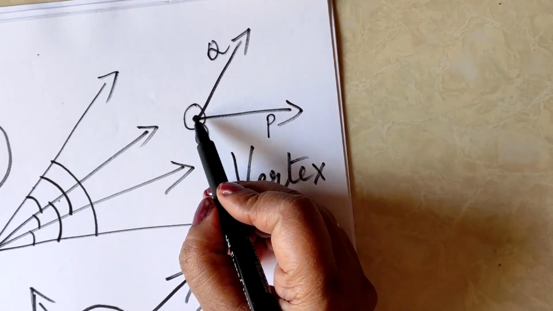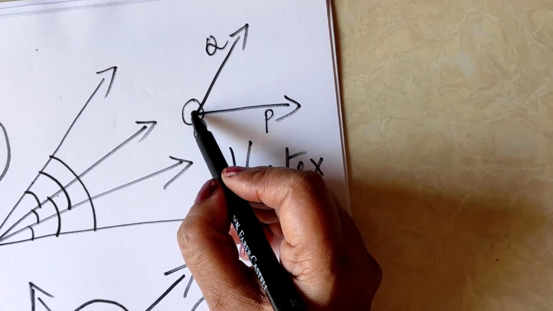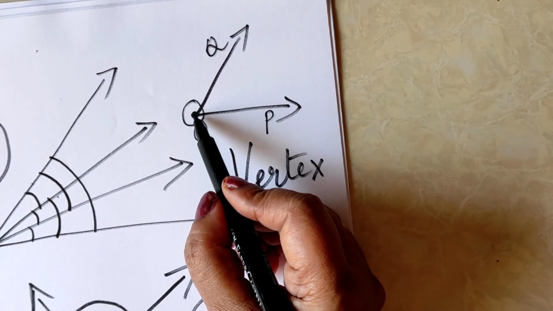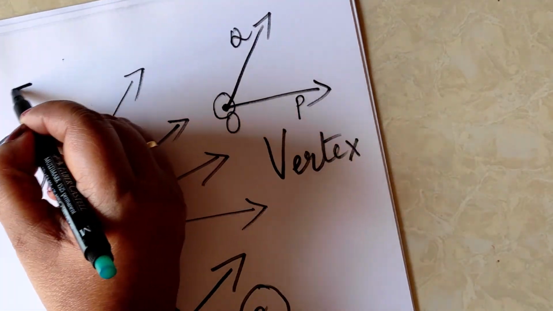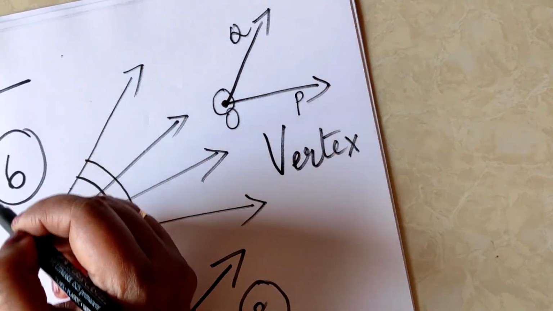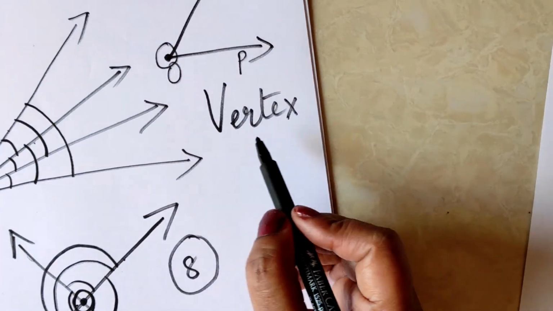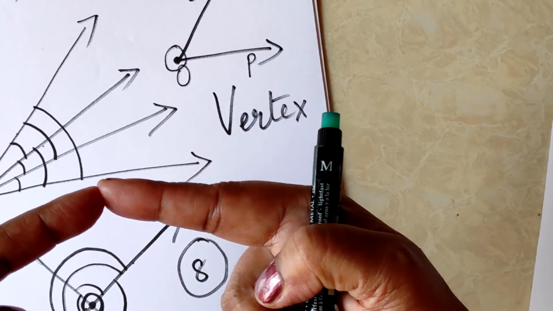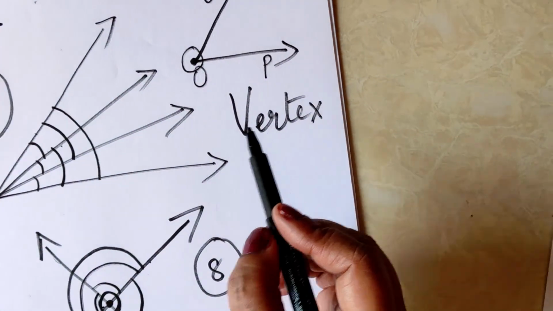Vertex means this common end point of meeting of these two arms at one point, it is ending, meeting together. That point is called vertex. Any line segments meeting at one point, that is called vertex. Okay, the corner of the point or end, you can say. So that is called the two arms meeting together. Okay, the two lines meeting together. So that point is called vertex.